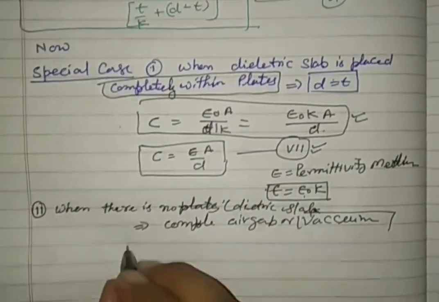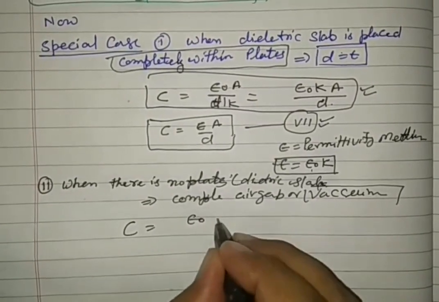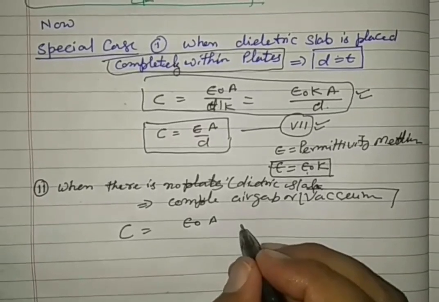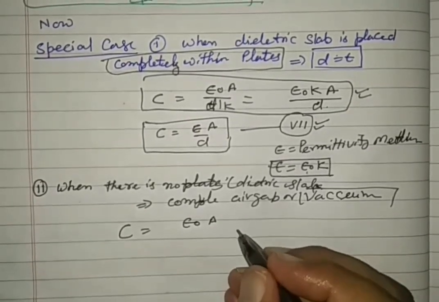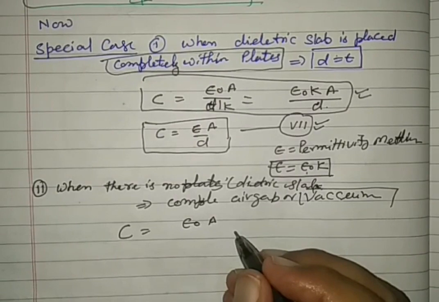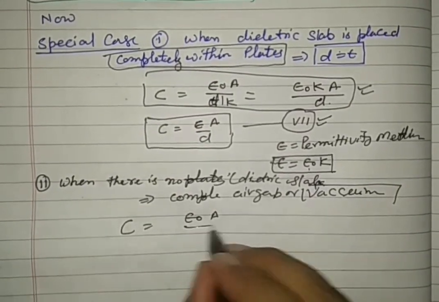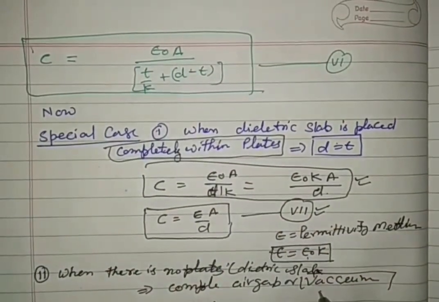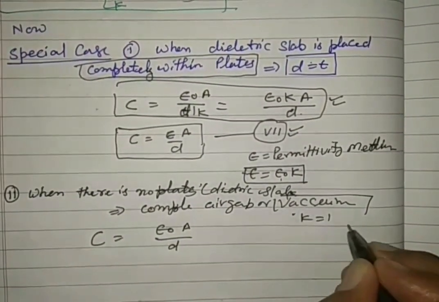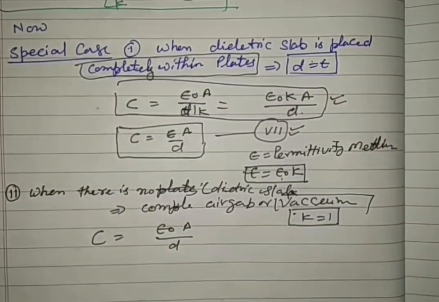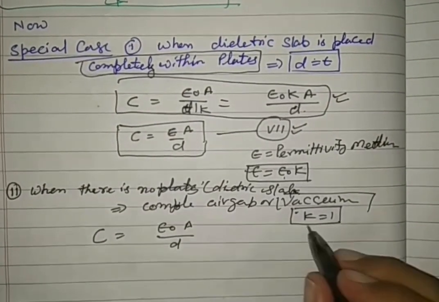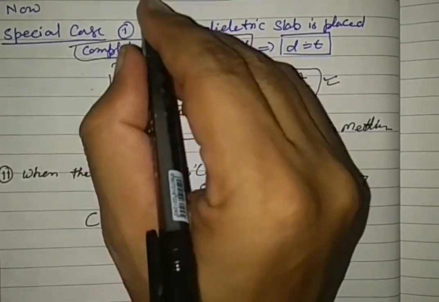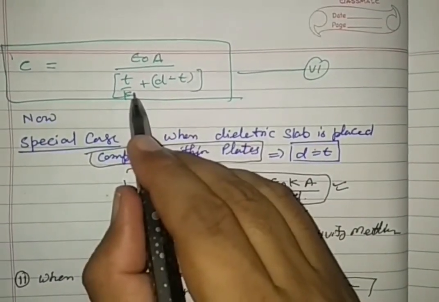In that condition, C becomes epsilon 0 A by the total distance D. So K becomes 1, and D becomes T. So this factor vanishes and K becomes 1.